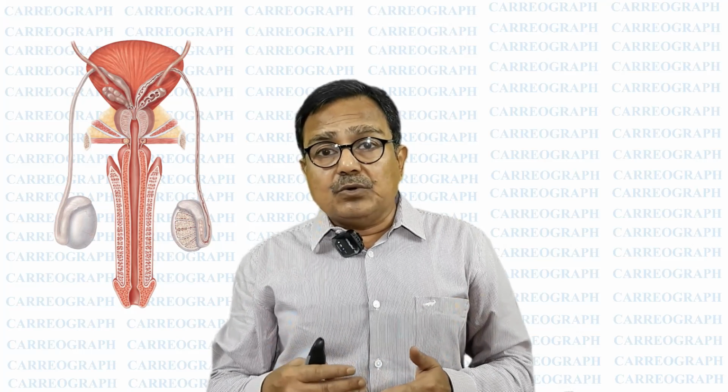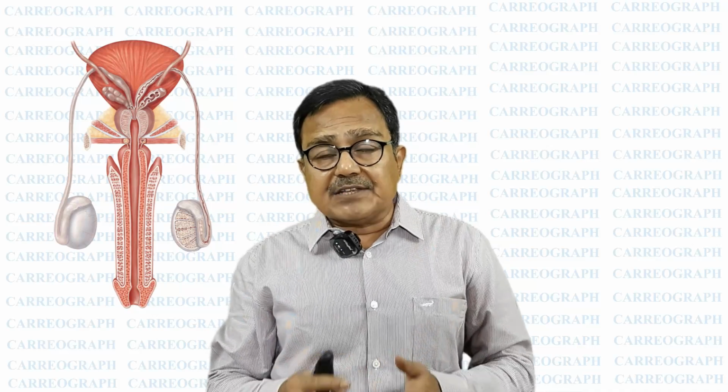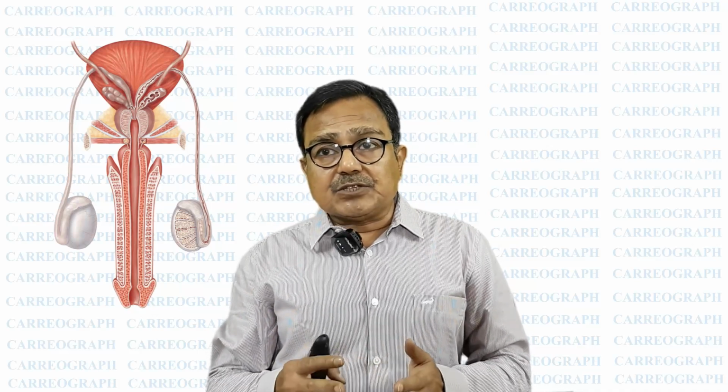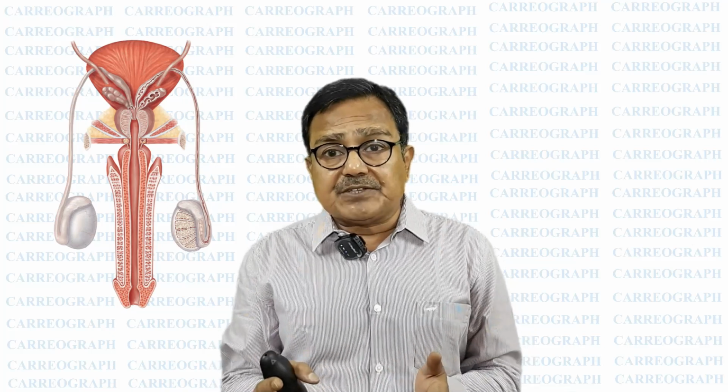Now, after the production of sperm, it enters the epididymis, where it matures. The sperm matures in the epididymis. Then via vas deferens, it reaches the seminal vesicle. Now, what is the function of vas deferens?